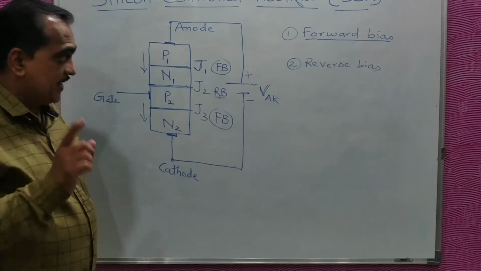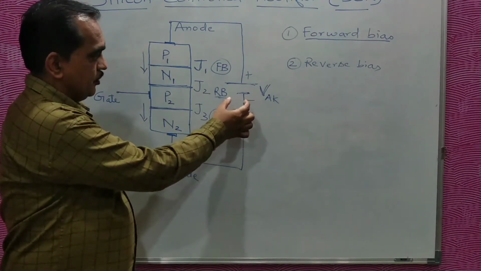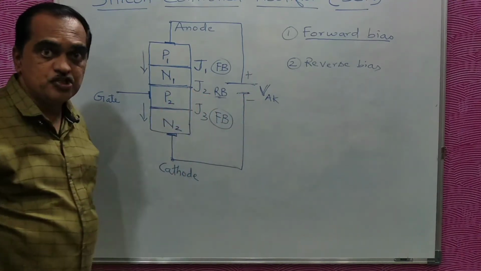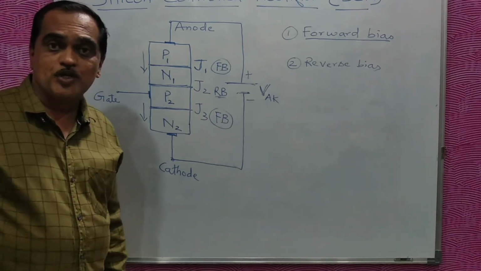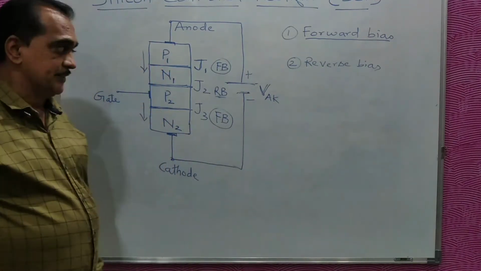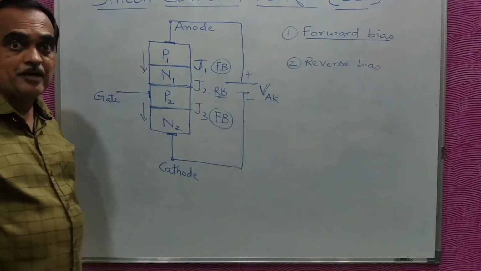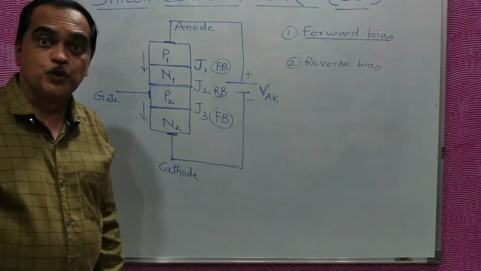But practically, the voltage required here to make the second junction break down will be very high, and it will not be suitable for many applications of SCR. So for that purpose, the third terminal will come into picture. The third terminal is called the gate and it is a control terminal.